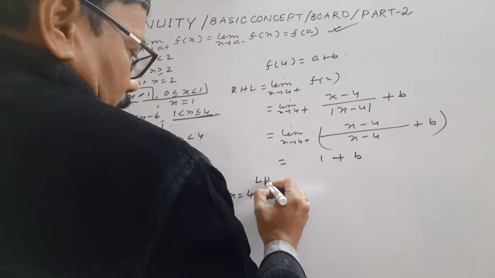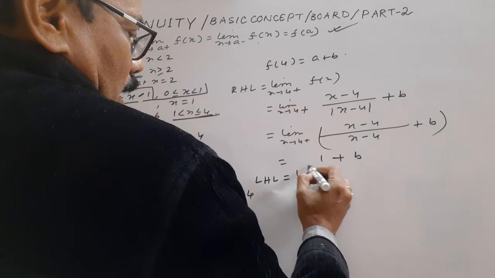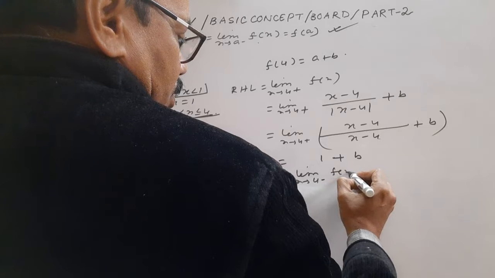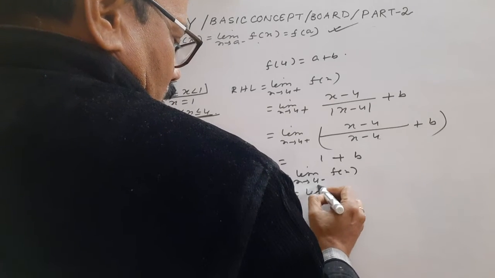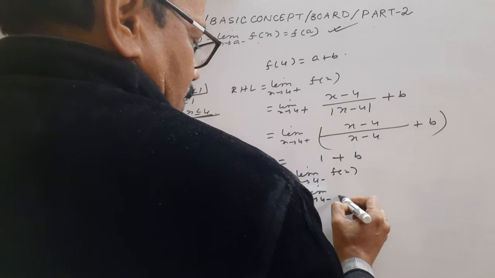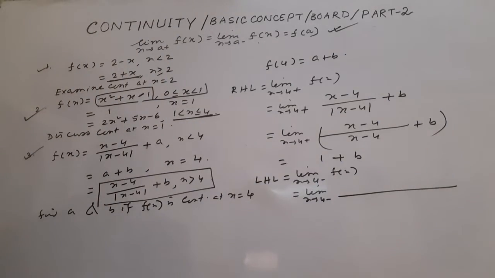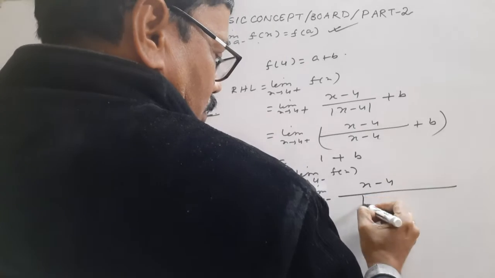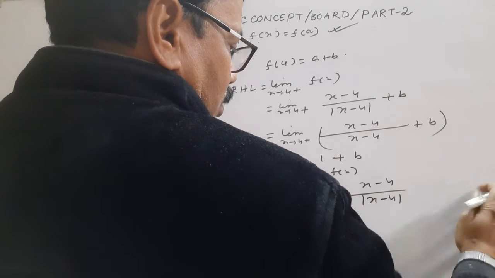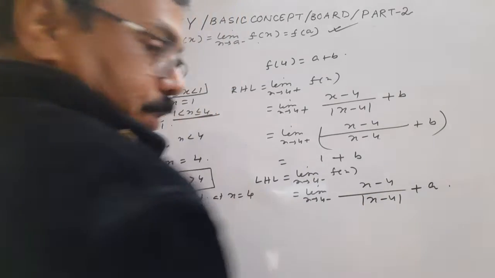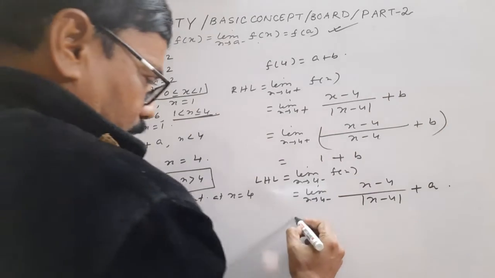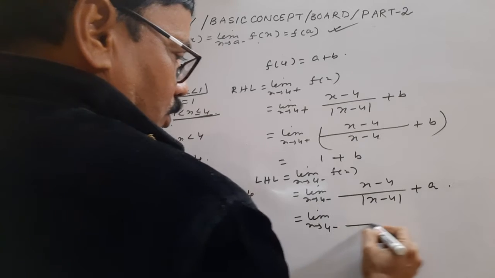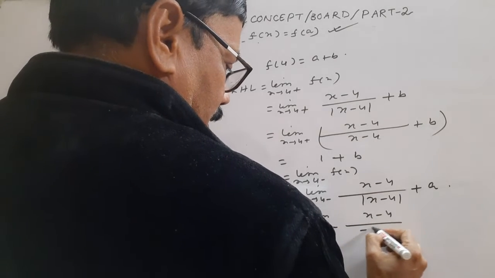Now left hand limit, limit x tends to 4 minus f(x). So for lesser than 4, what is f(x)? (x minus 4)/|x minus 4| plus a. Lesser than 4, so this is negative.